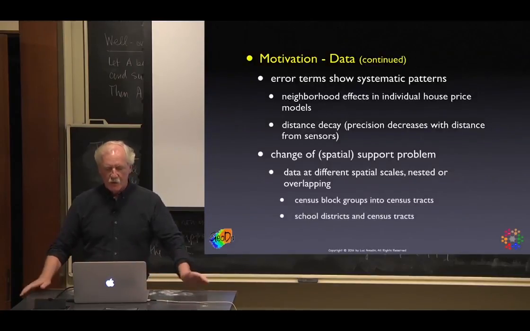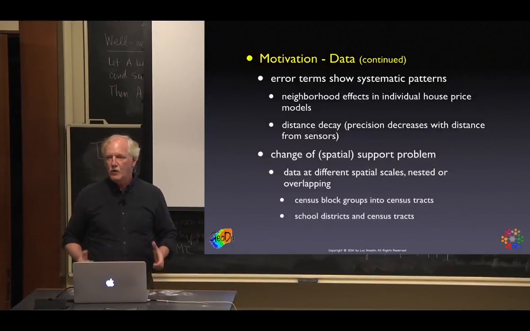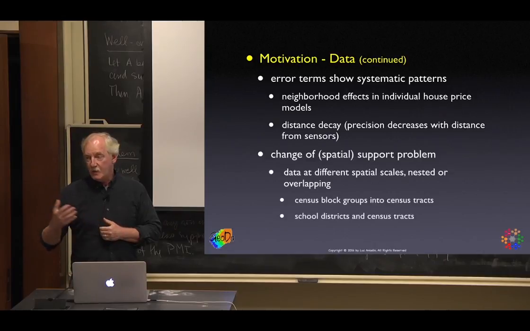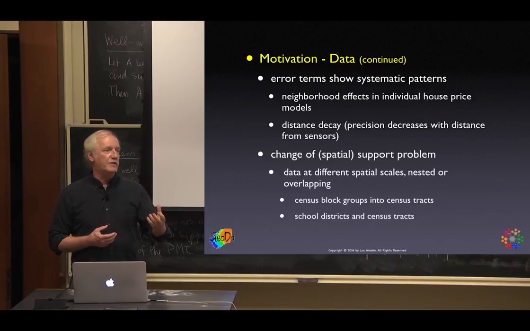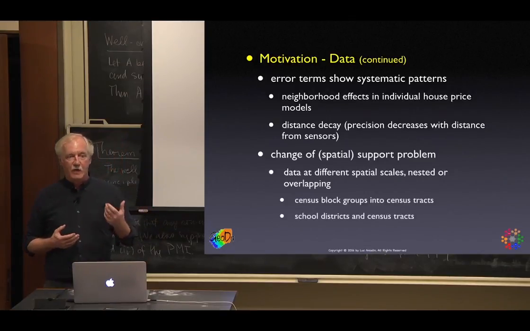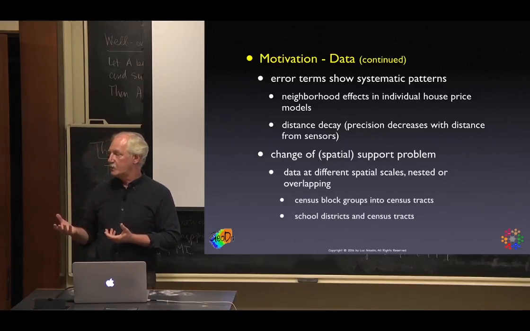So the mismatch, then a little more technical, error terms, the precision of measurement may have a geographic imprint. For example, in economics, in the analysis of real estate or house prices, there's such a thing called a hedonic model. A hedonic model explains the price by the characteristics of the good that is being sold. So for a house, the price of a house is explained by the characteristics of the house.